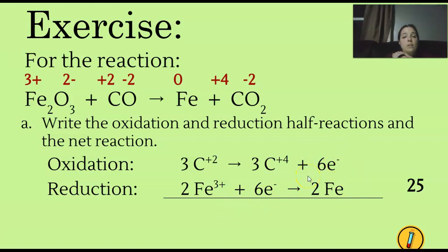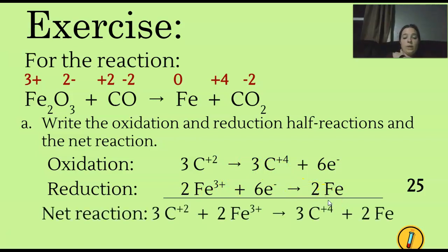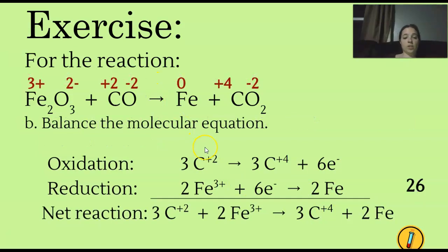They're the spectators, so I get rid of them. Whatever's on this side stays on that side. So you've got 3C2+ plus 2Fe3+ goes to 3C4+ plus 2Fe.